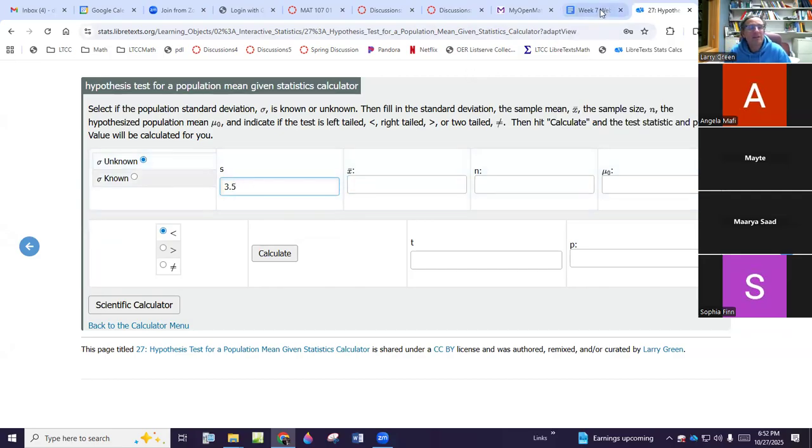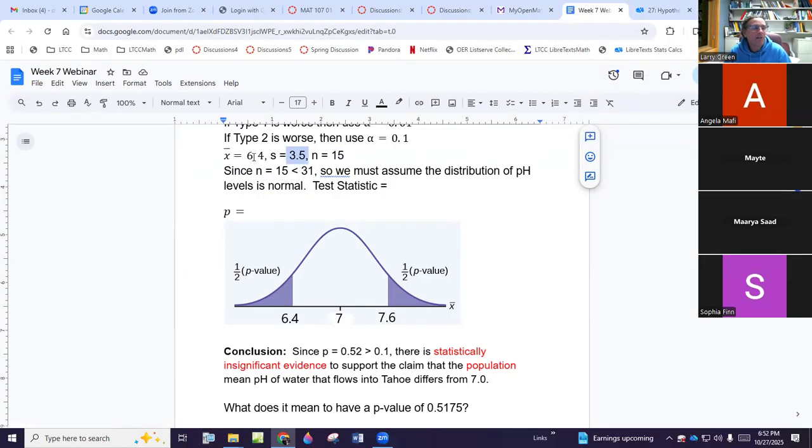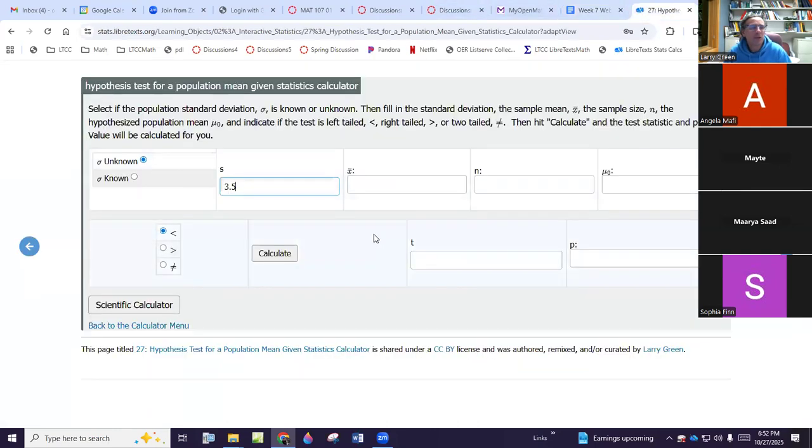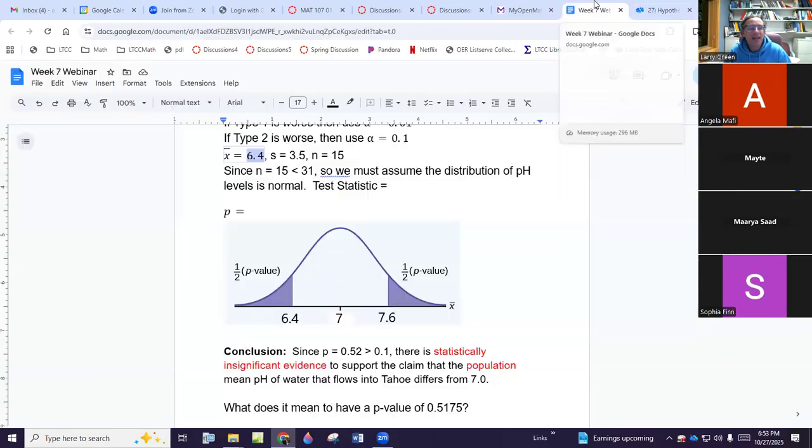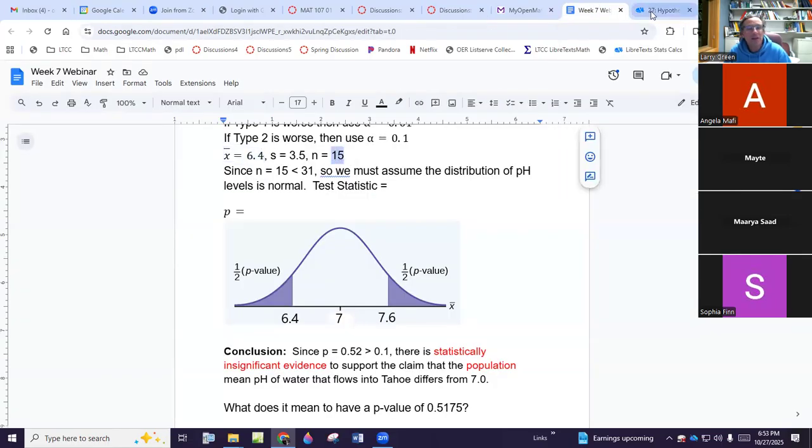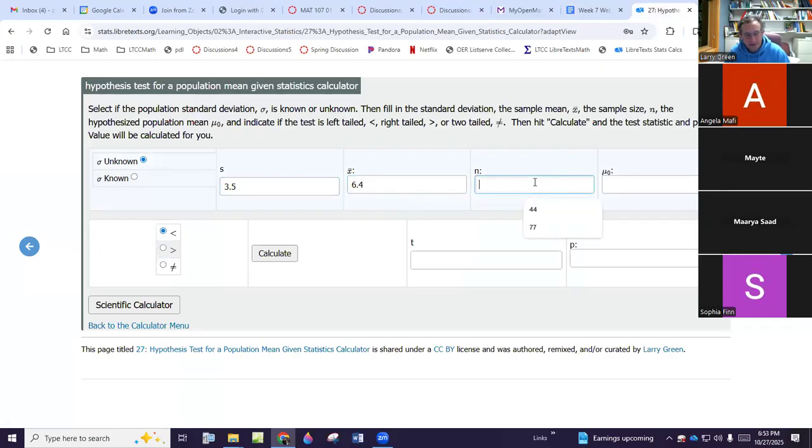X bar was 6.4, because that was the mean pH. And then N was 15. We sampled 15 creeks.